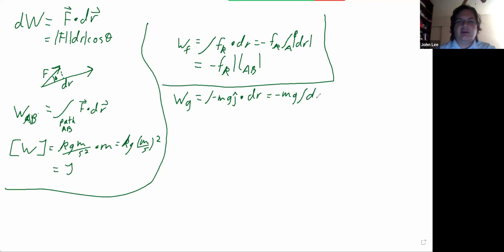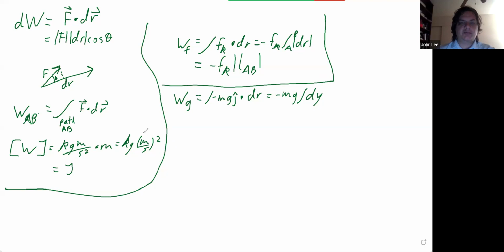So you only care about how the force corresponds to or overlaps with dr. In this case, since the force is completely in the j direction, you only care about the distance traveled along dy.